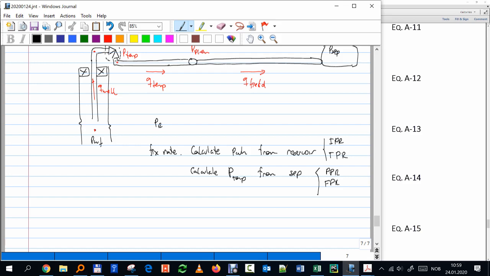And then you have to verify that P wellhead is greater than P template. That means that the rate is feasible. If, on the contrary, P wellhead is less than P template, then the rate is not feasible.